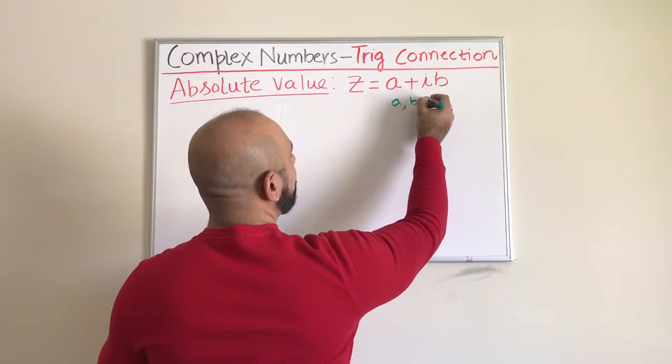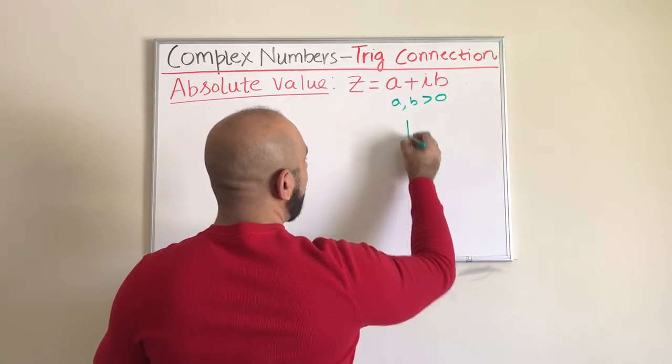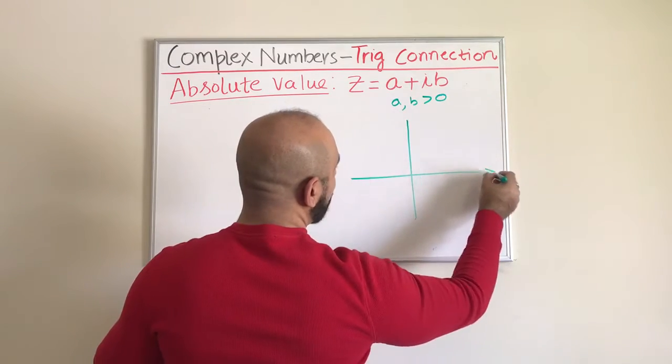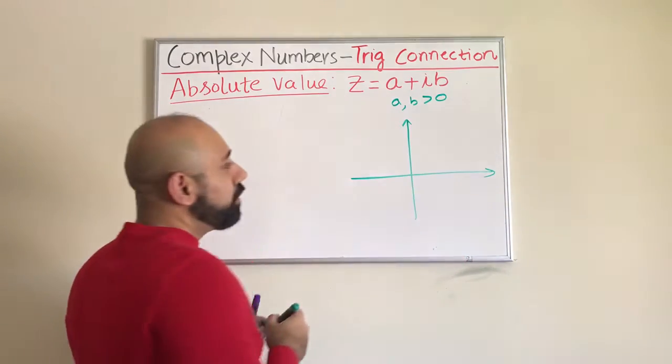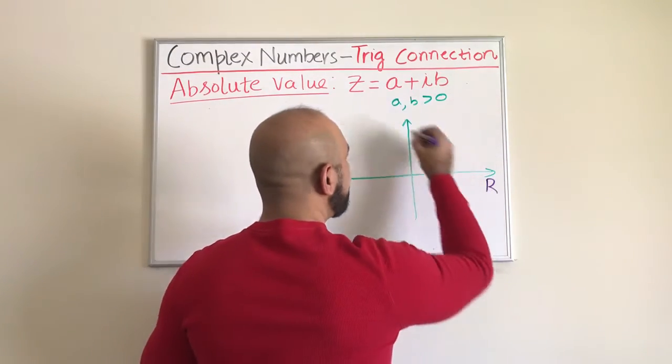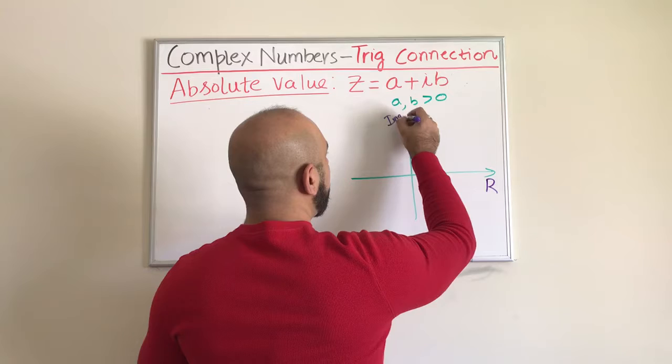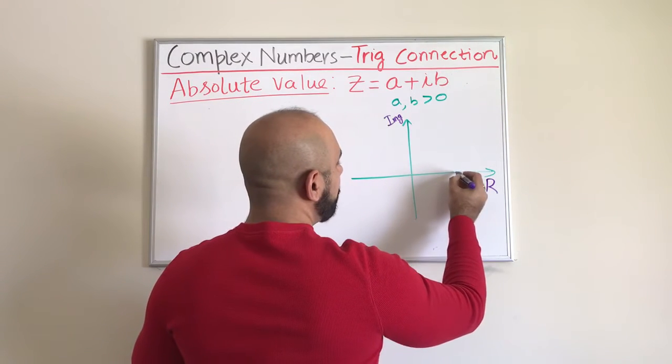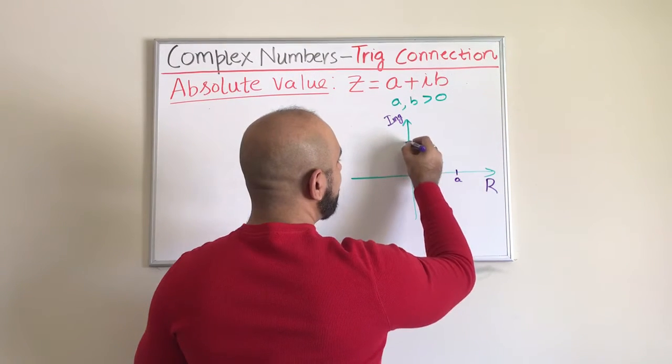So a and b are both positive, meaning greater than 0. If we want to plot them, obviously they will both be in the first quadrant. This is my real axis and this is my imaginary axis. Let's say this is my point a and this is b.